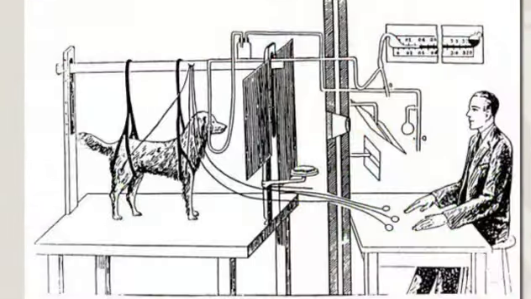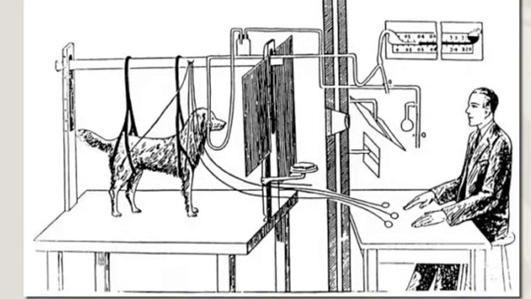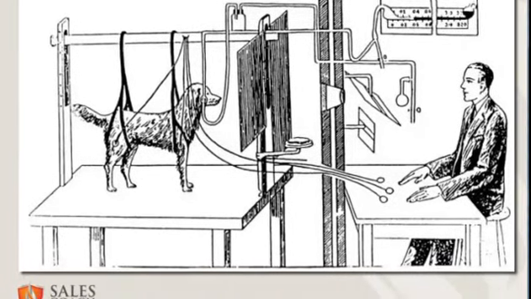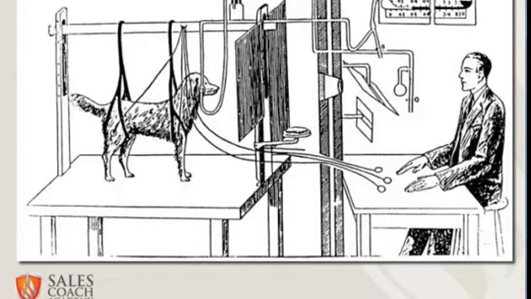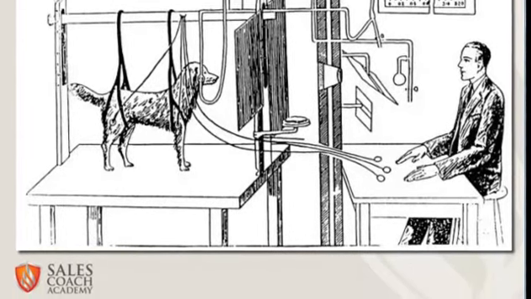This is the old Pavlov dog example. We'll ring the bell, the dog salivates, because they've been trained to salivate. Because every time Pavlov would feed the dogs, he would ring the bell at the same time. Pretty soon all Pavlov had to do was just ring the bell and the dogs would salivate. Well, this same theory applies to us as human beings.